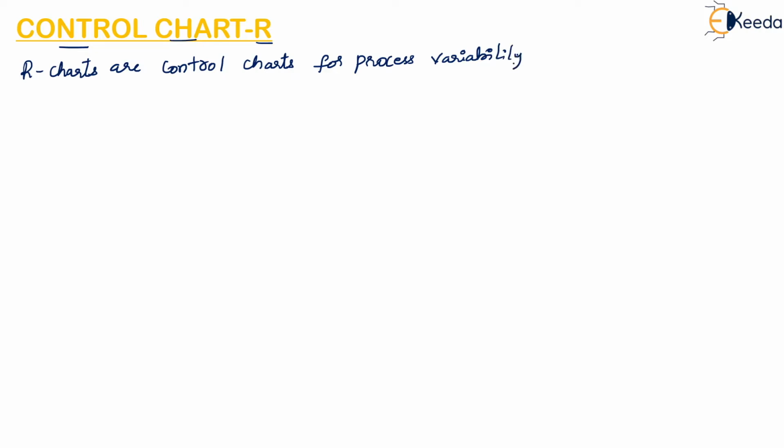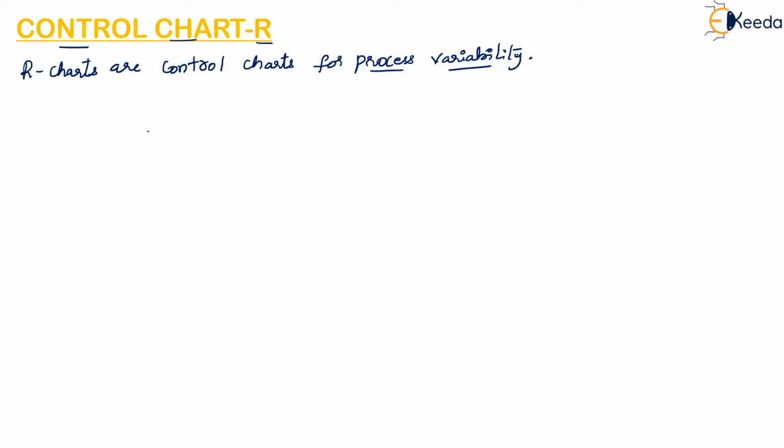Like the X bar charts, they are also meant for process variability. So both the X bar chart and the R chart are dealing with process variability.